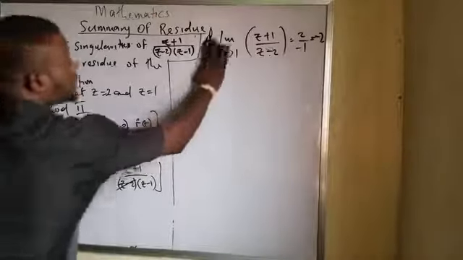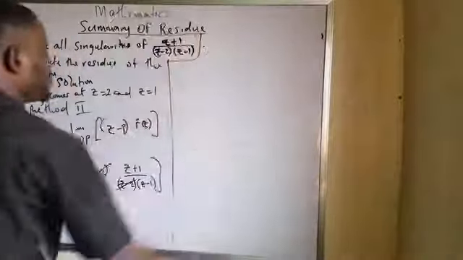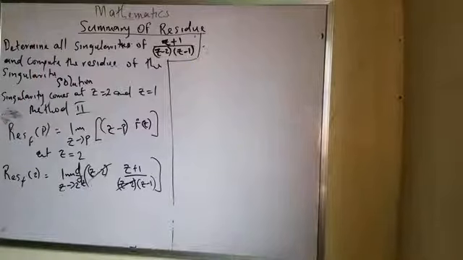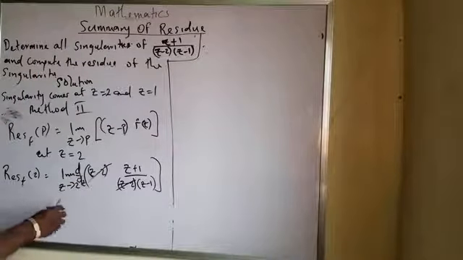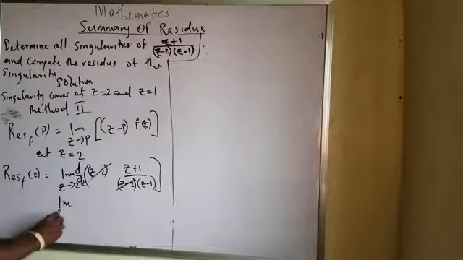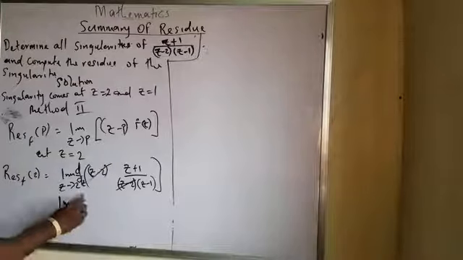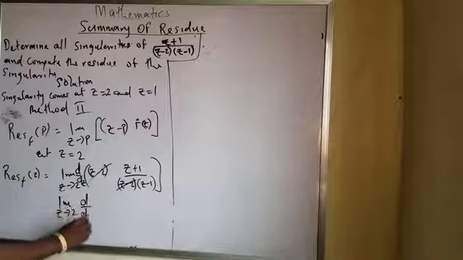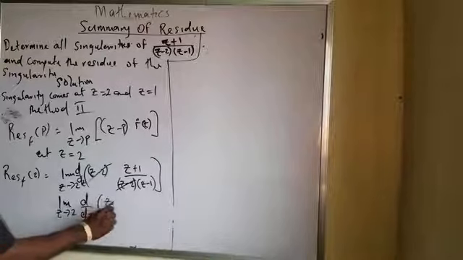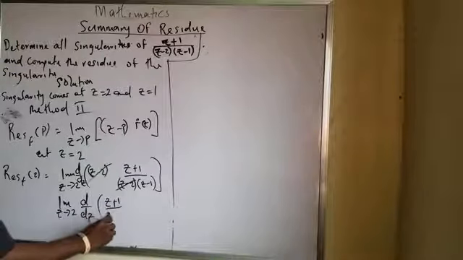Sorry for that mistake, because I told you the first method, which is that I will differentiate this. I'll have the limit of z to 2 of d of dz of (z plus 1) divided by (z minus 1).